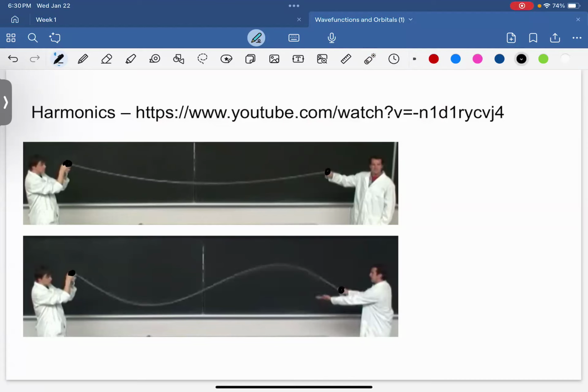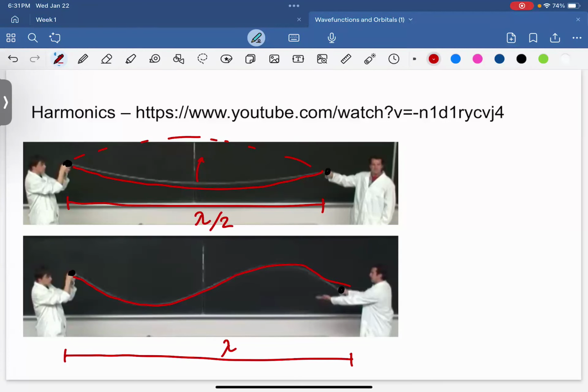Imagine that the hands of these two people are my nodes, and the lowest amount of energy they can put in, where they create a standing wave, creates this wave that oscillates back and forth, just like the one we drew before. My distance here is lambda over 2, wavelength over 2. But if they work a little harder, they can create a situation where the distance is equal to lambda.